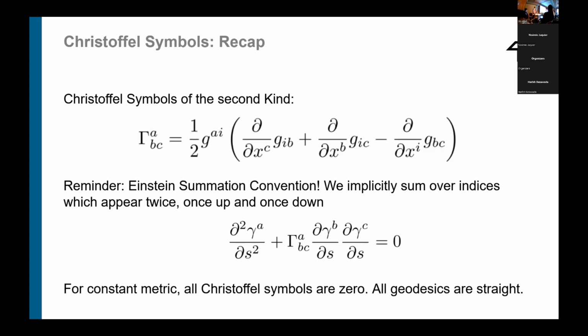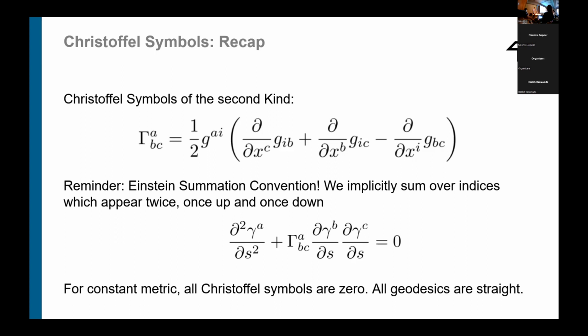What we also see is that for a constant metric, all the Christoffel symbols are 0, because the Christoffel symbols only depend on derivatives of the metric, and whenever the metric is constant, there is no derivative, so it will always be 0. This means that geodesics are straight for constant metrics.